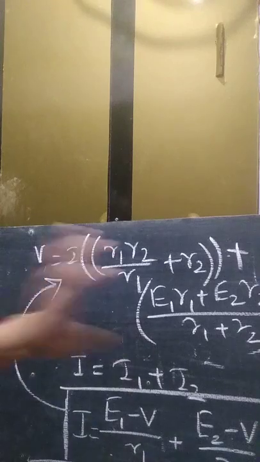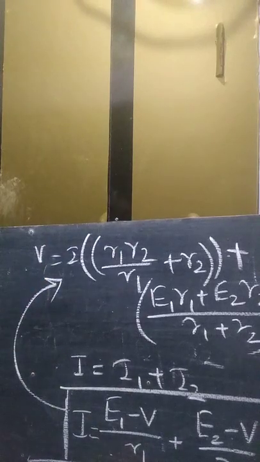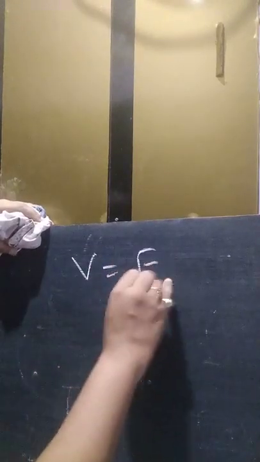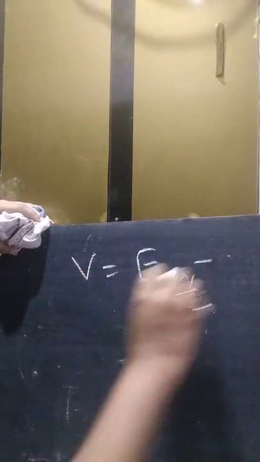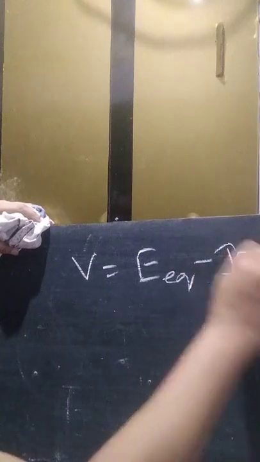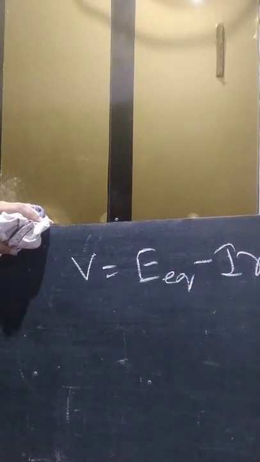Here I have considered two cells. Instead of these two cells, I can consider only one cell, right? If I consider only one cell, then the value of V will be E equivalent minus I R equivalent, right?